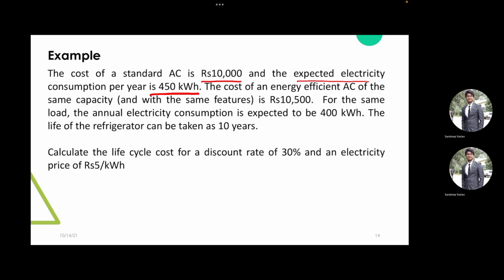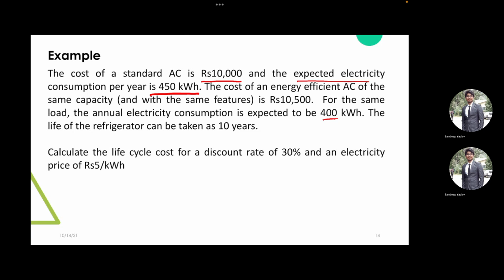The cost of an energy efficient AC of the same capacity and with the same features is 10,500 rupees. That is costing more. For the same load, the annual electricity consumption is expected to be 400 kilowatt hour. So here we are seeing that the initial cost is more, but it is consuming less electricity.